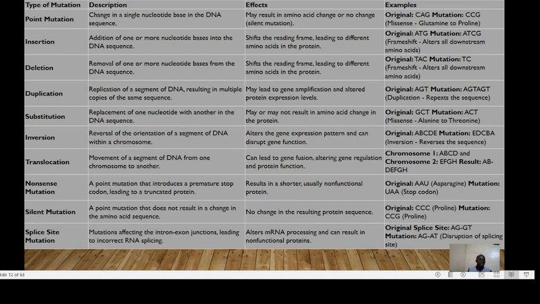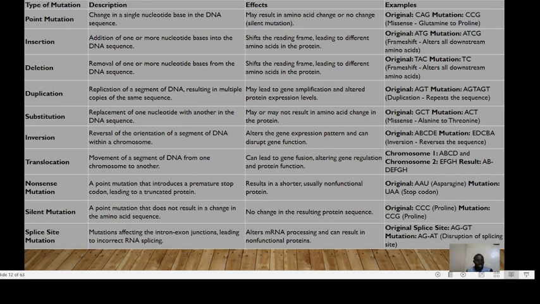We could also have translocation, whereby there is a movement of a segment of DNA from one chromosome to another, which could lead to gene fusion, altering gene regulation and protein function. We could have chromosome 1, ABCD, and chromosome 2, EFGH. The result, we're having ABD, EFGH. So we have the translocation mutation there.